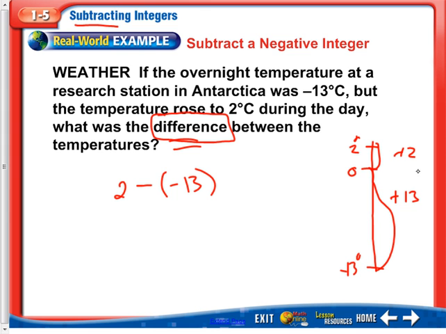So we know that the answer is going to be positive 15, because again, we're talking about the difference, the distance between. So again, I have 2 and uh-oh. Okay, if we have an uh-oh, we fix it. So we go 2 plus 13, and that gives us 15 degrees Celsius difference between our daytime temperature and our nighttime temperature.